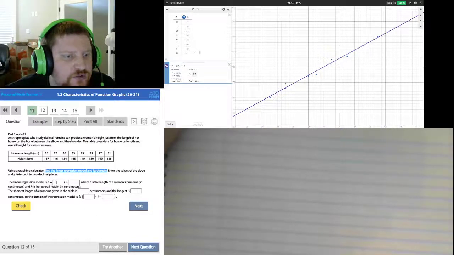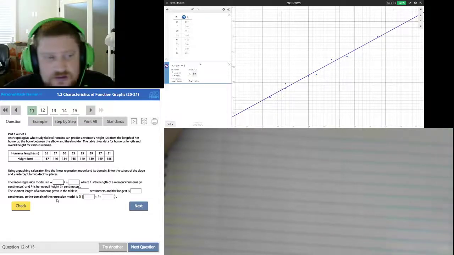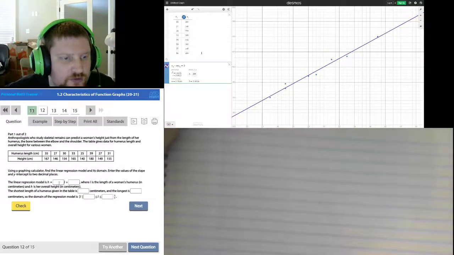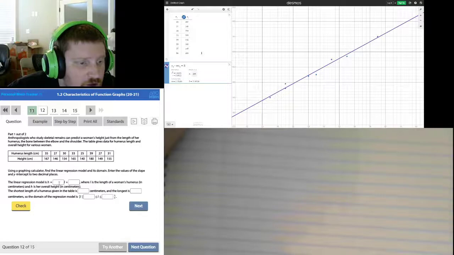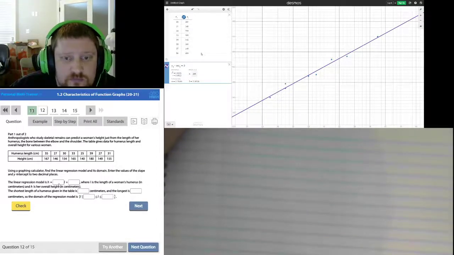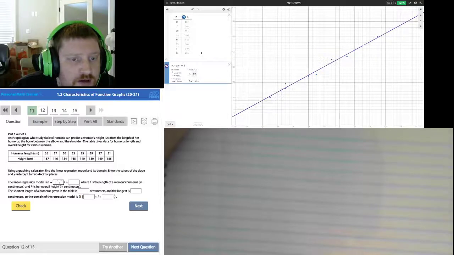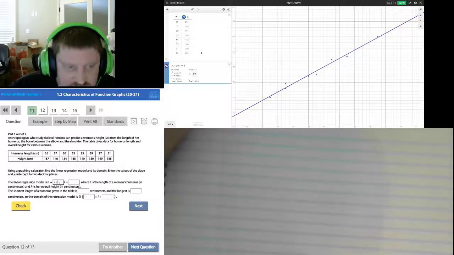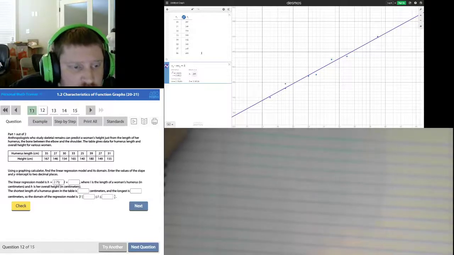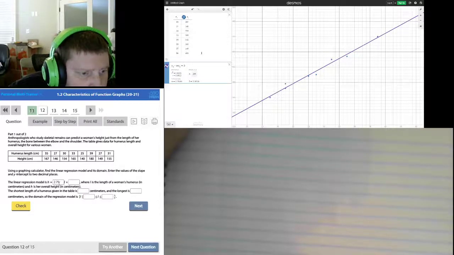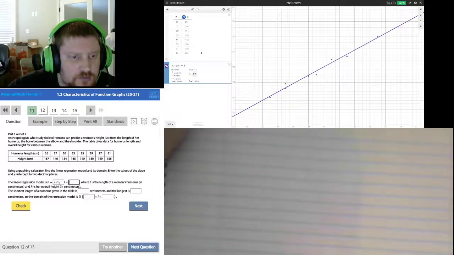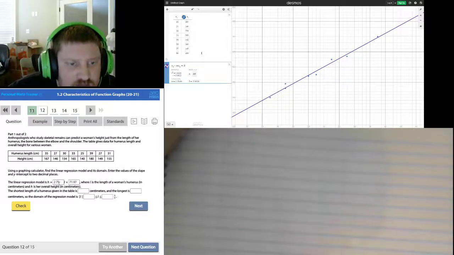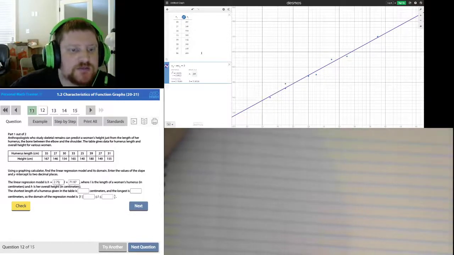They want us to, the linear regression model H is, H equals, well, the slope is going to be 2.75, and they did want it rounded to 2 decimal places, so 2.75. And our y-intercept is 71.97. Double check that. 71.97. Yes.